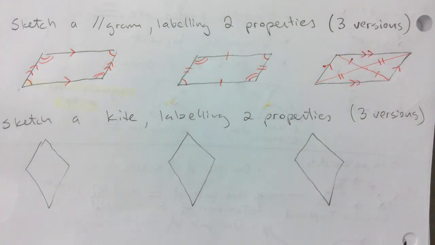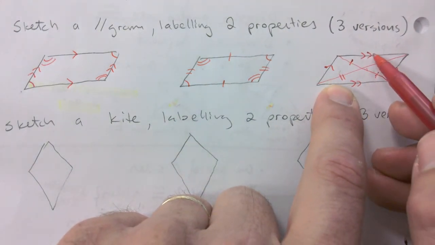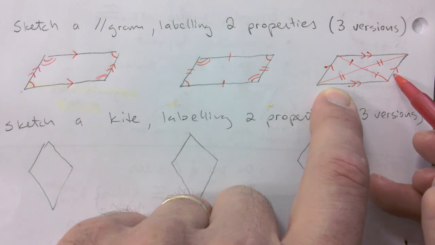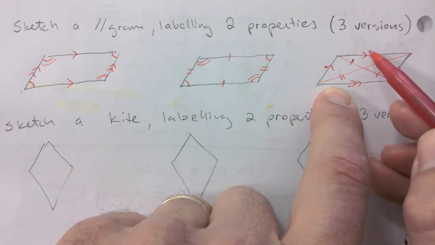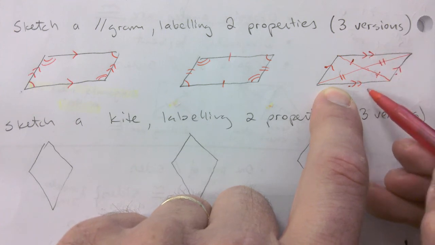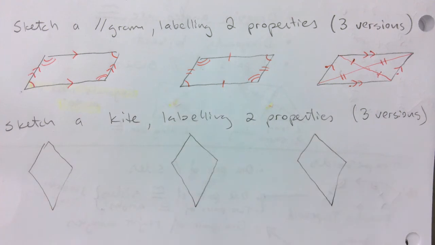You just have to be careful if you're using these markings and then you're going to talk about the side lengths. You technically have to use, like if you have 1, 1, 2, 2, then you have to go 3, 3, and 4, 4. I wouldn't do that because it might be too much, but it's up to you.